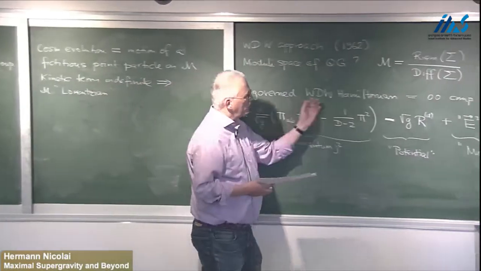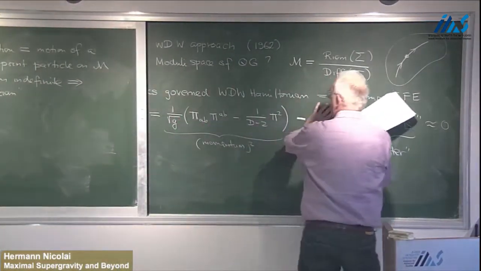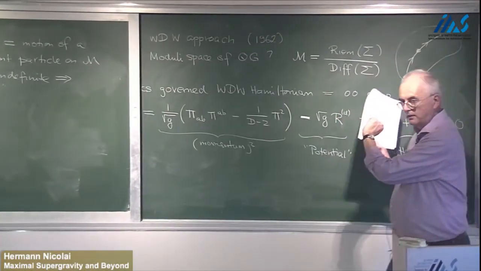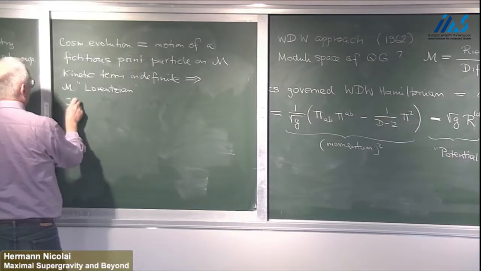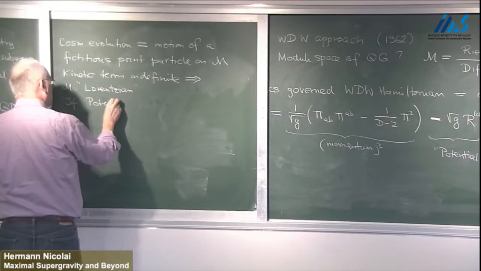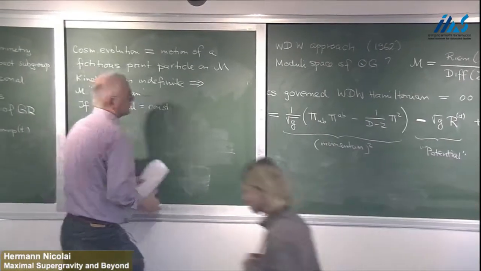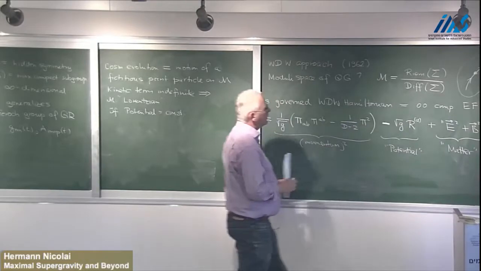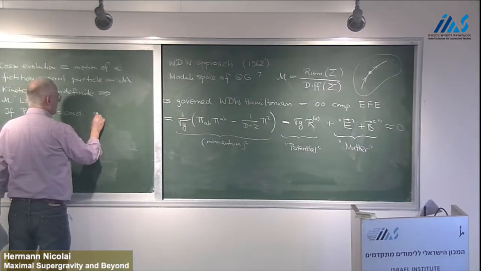But if you view it in this context, then if it was just this, then the motion would indeed be geodesic. So if the potential and matter term is constant, so this is just the constant term, and this other thing is absent, motion is geodesic.